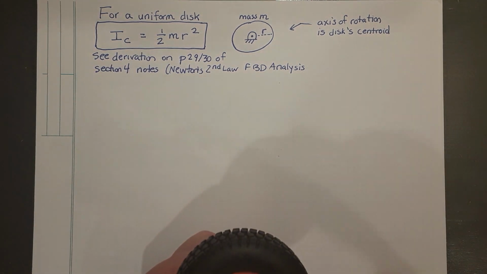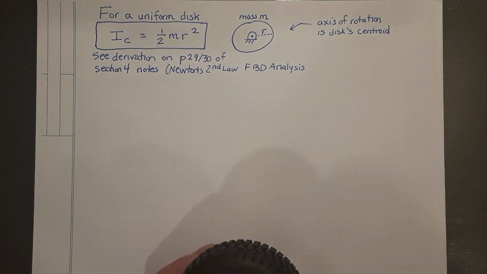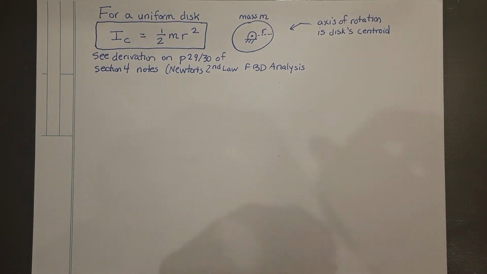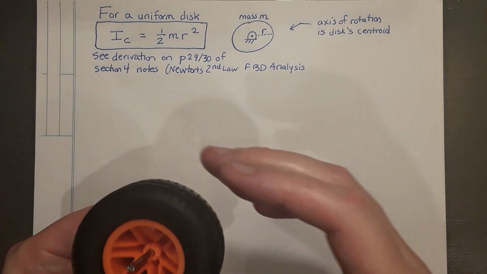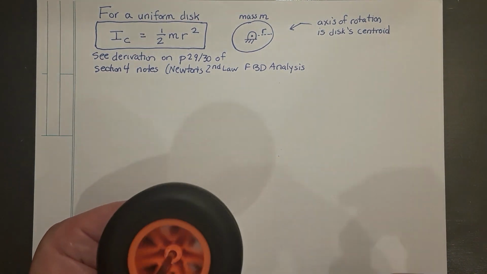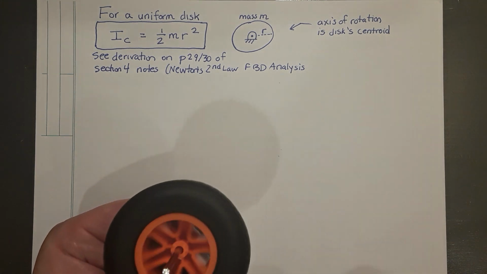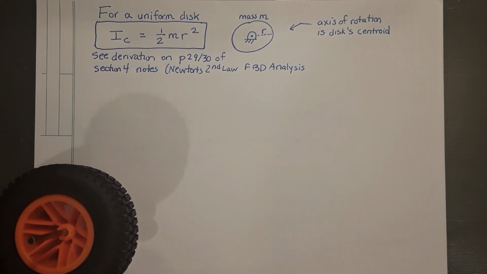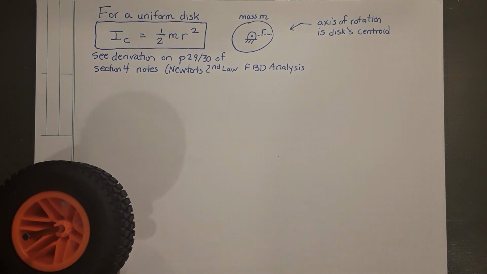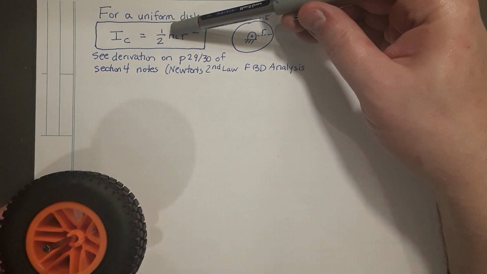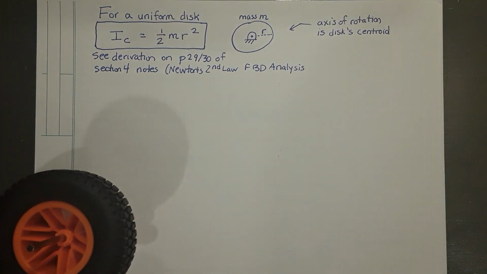But if it was a mass distribution that was even throughout, and I tried to spin this object around its axis of rotation that is through its center of mass, right? That's the easiest axis about which this thing will rotate. The moment of inertia in kilograms square meters would be simply 1/2 times the mass of this object times the radius of the object squared.